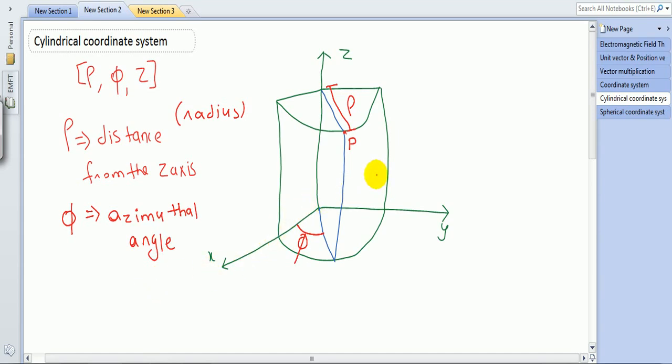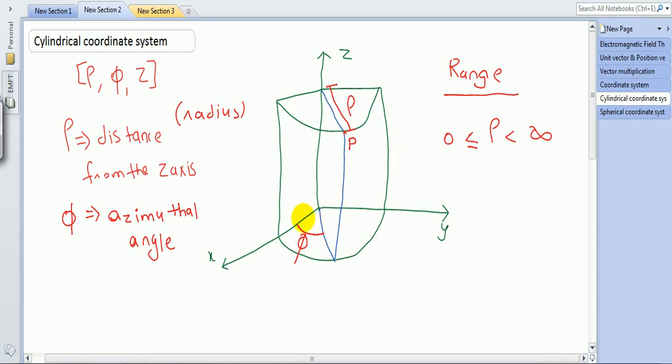So if I want to find the range for these parameters, and I want to cover the whole universe, then the value of rho will vary from 0 to infinity. If you imagine an infinite size cylinder having infinite height and infinite radius, then it will cover the whole universe.